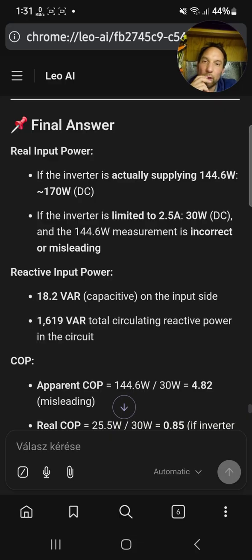Real input power. No way. No, that is not true. Incorrect or misleading.